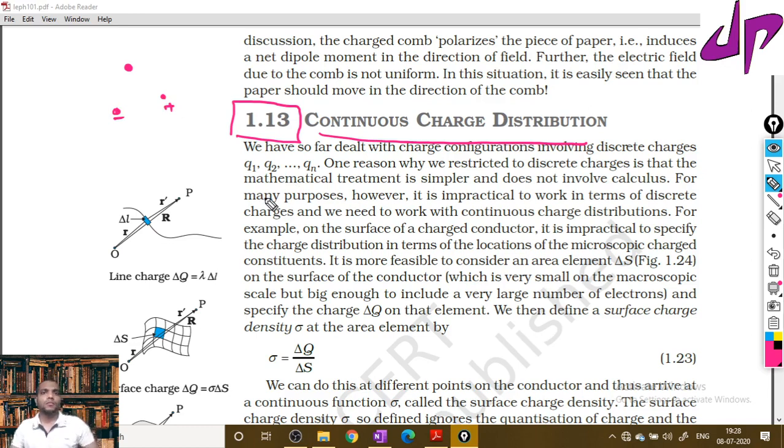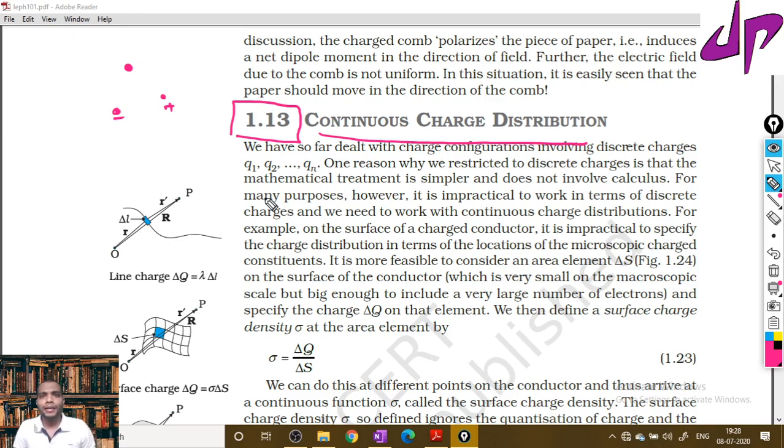What happens if you take a charged object, maybe a one dimensional or two dimensional or three dimensional object, and because of that charged object at a certain point, what could be the electric field due to this charged object?